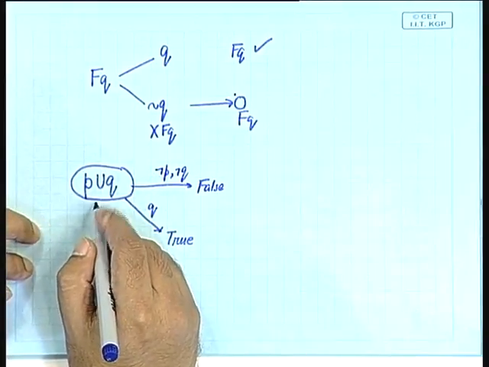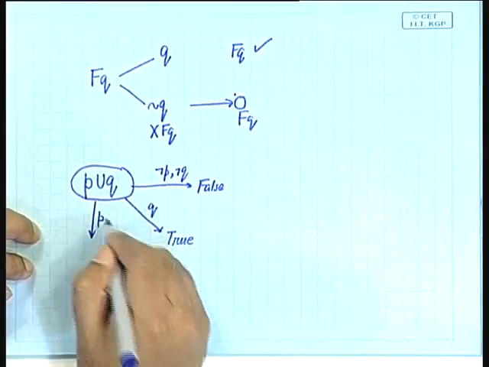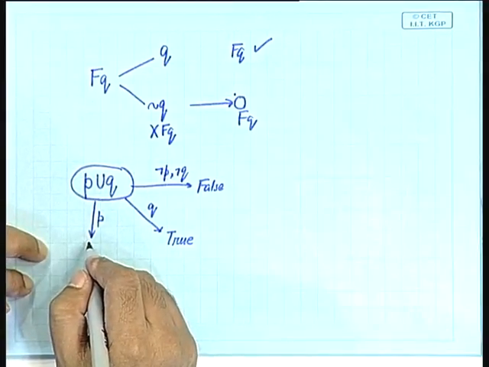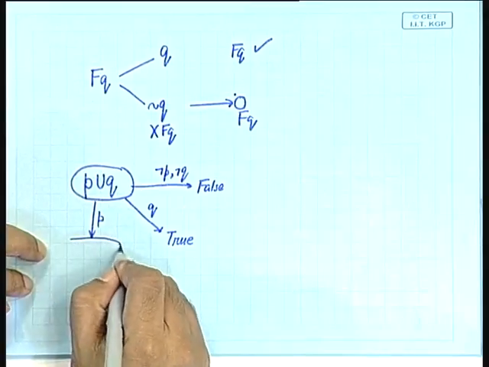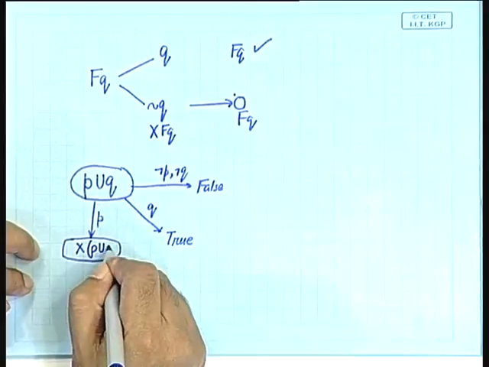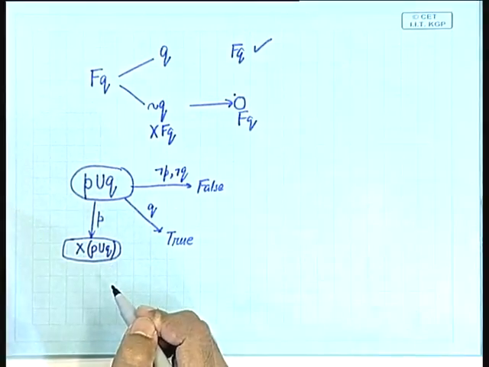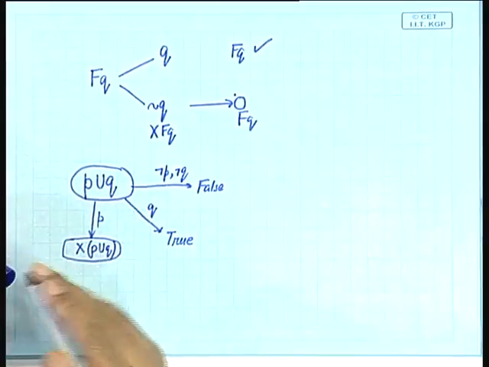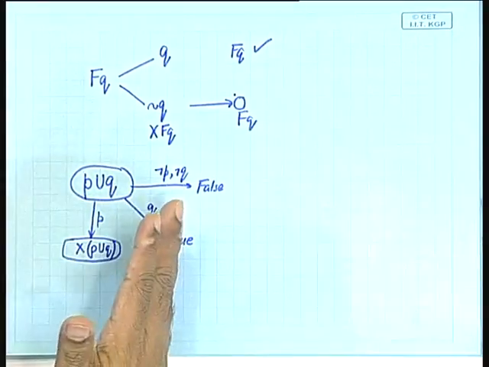Otherwise, I have P and not Q. Then what I have to do is go to the next state and check P until Q from there. So, every temporal property can be thought of as something to be checked here and something to be checked from the next cycle onwards. Every linear temporal logic property can be conceived in that manner.